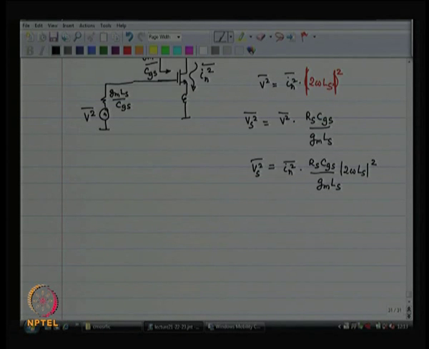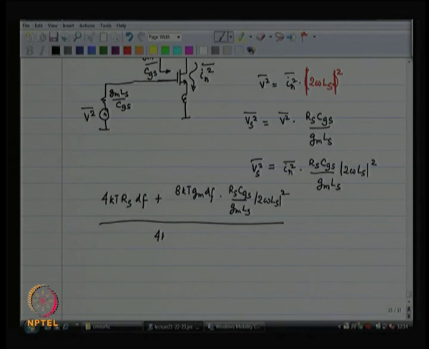So, as far as your noise figure is concerned, your noise figure will be 4kT Rs df plus In squared, which is 8kT gm df times Rs CGS by gm Ls times 2 omega Ls whole squared, divided by 4kT Rs df.